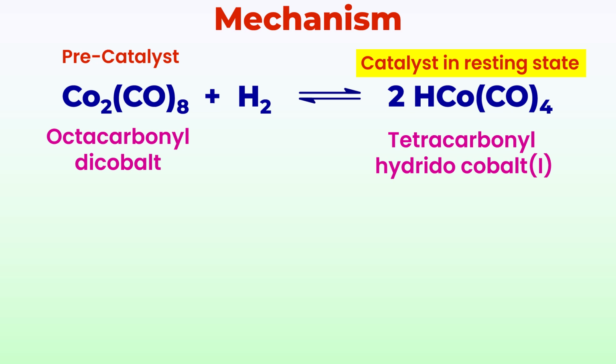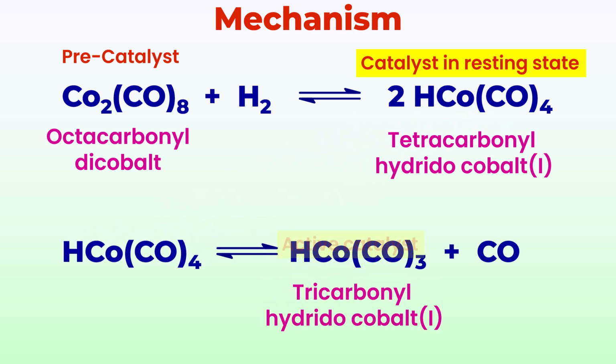This tetracarbonyl hydridocobalt(I) is considered the catalyst in its resting state. It then loses one carbonyl ligand to form tricarbonyl hydridocobalt(I), which acts as the active catalyst in the reaction.